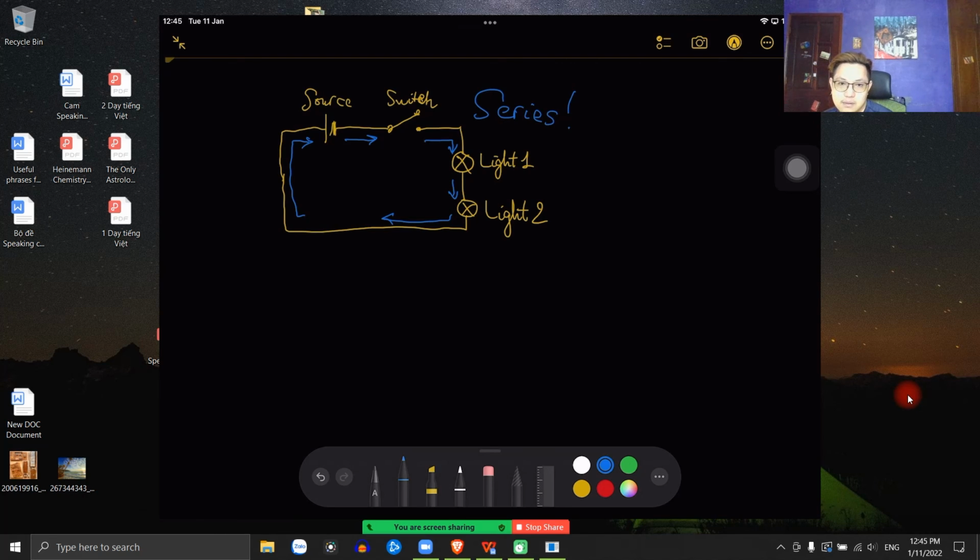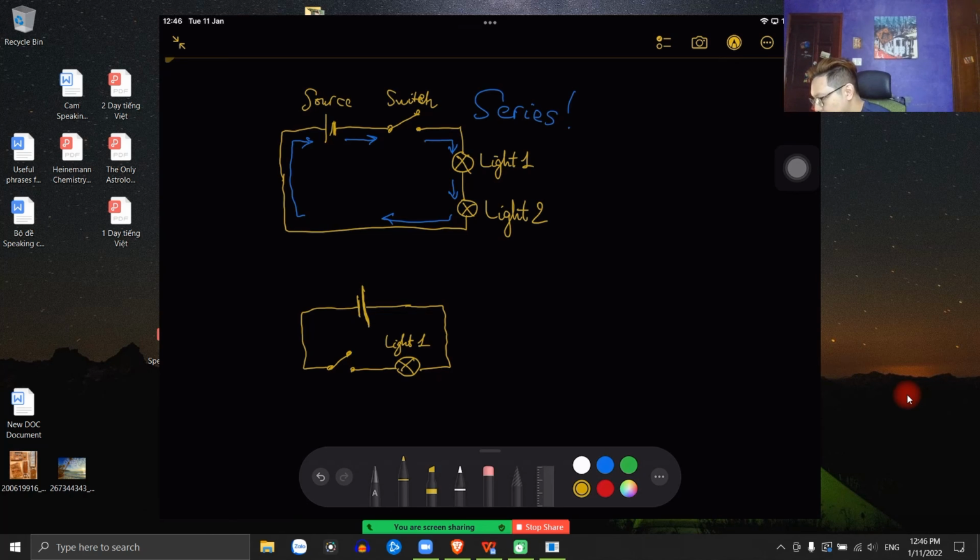However, if now I draw, say, a parallel circuit, I have a light switch here, and this is light 1, and, moment, I think it should be like this.